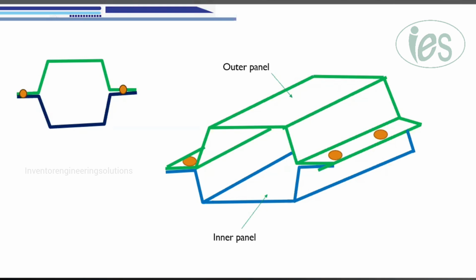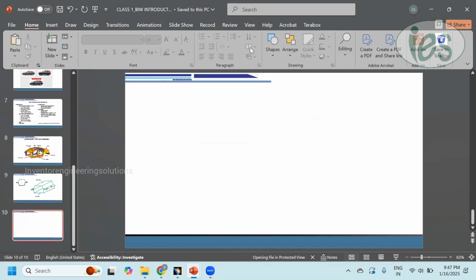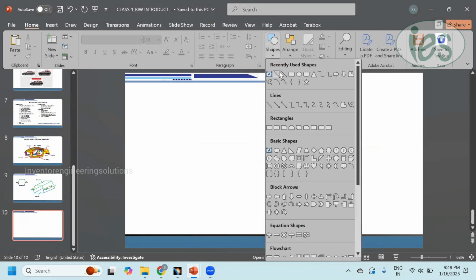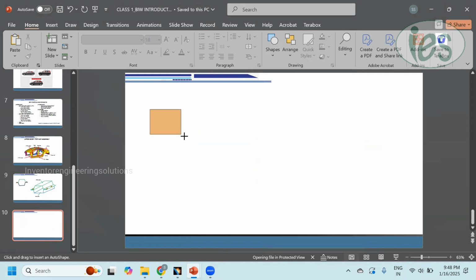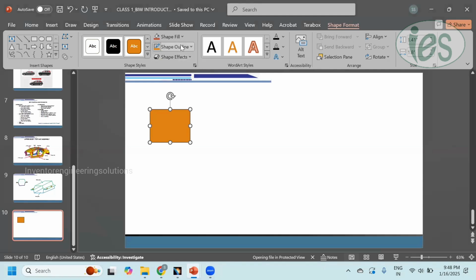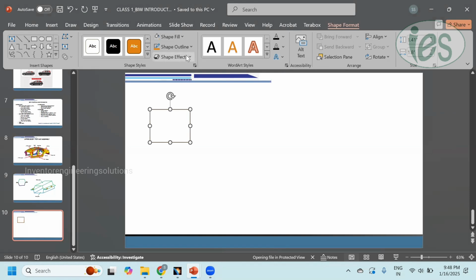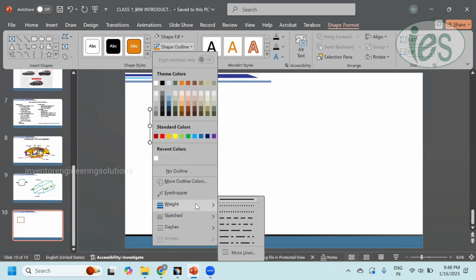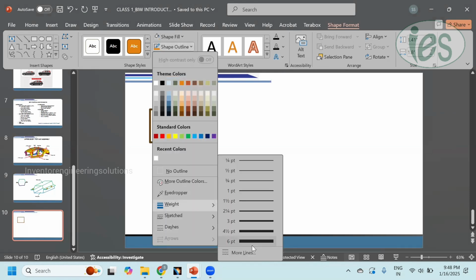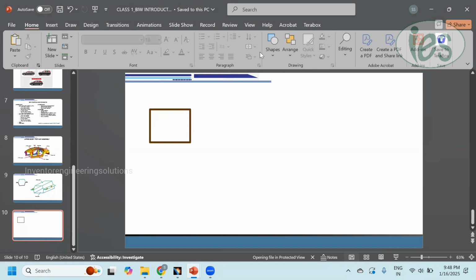For the BIW structure, I mentioned that the panel must have enough strength and stiffness. In order to have better strength and stiffness, the structure must be a closed structure, like this.